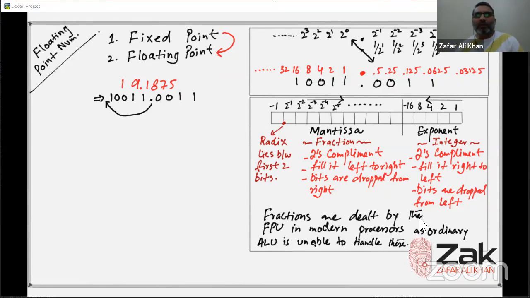So now before we go any further, we now know that we have to do the fixed point to floating point conversion. So whatever number is given to us needs to be first converted to the fixed point. So this is the fixed point formation. Now this fixed point is not in terms of BCD.